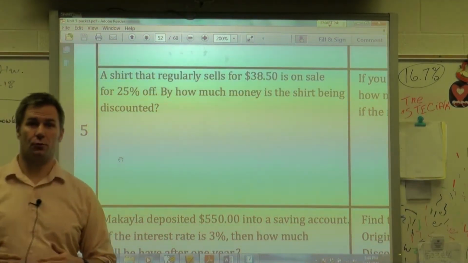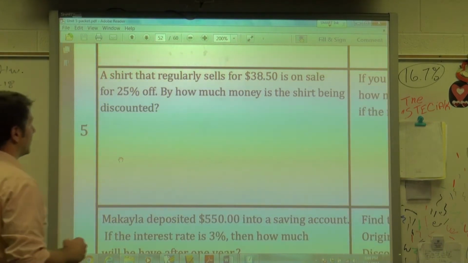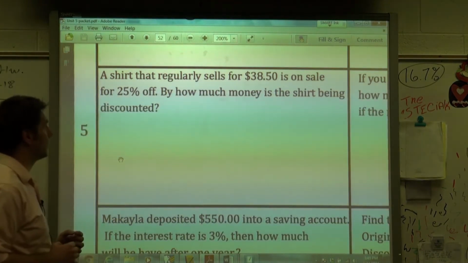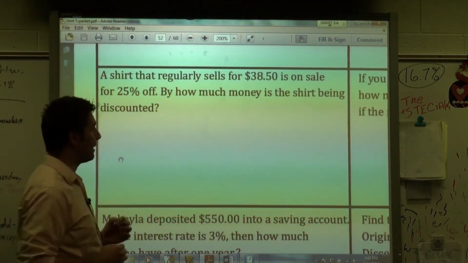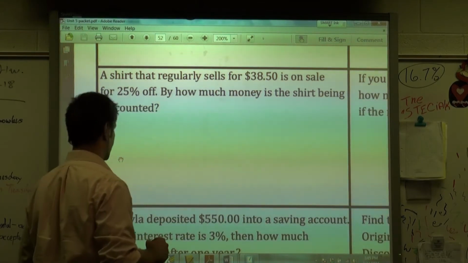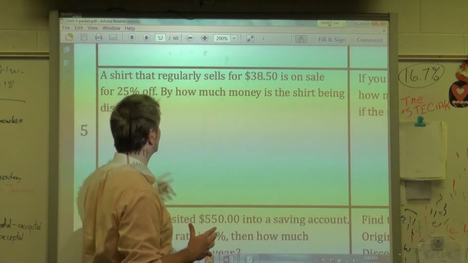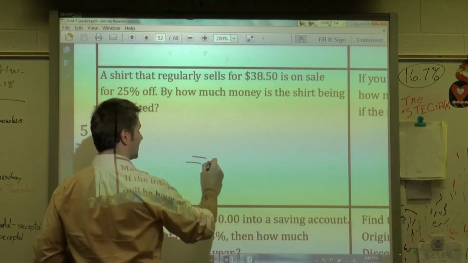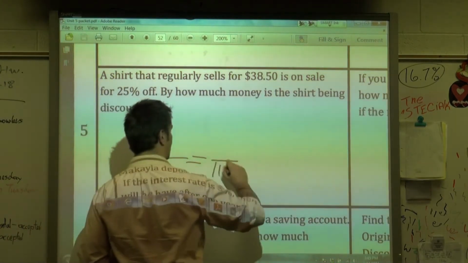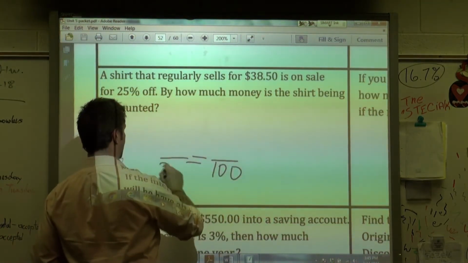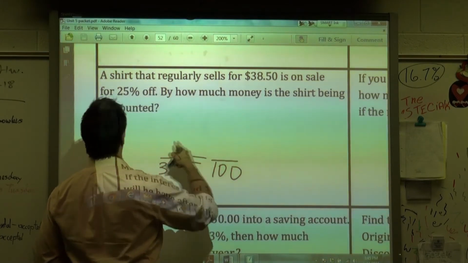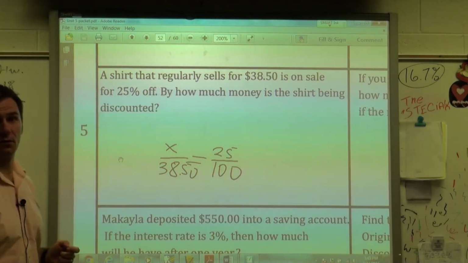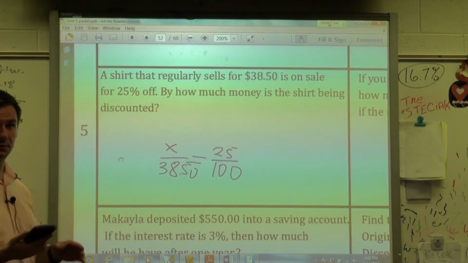Right now, let's go to question number 5. A shirt that regularly sells for $38.50 is on sale for 25% off. The question is, by how much money is the shirt being discounted? What we're looking for is 25% of that price. Using exactly the same formula, we put $38.50 here, 25%, and X. When we find X, we are finding the amount of money that the shirt is being discounted by.